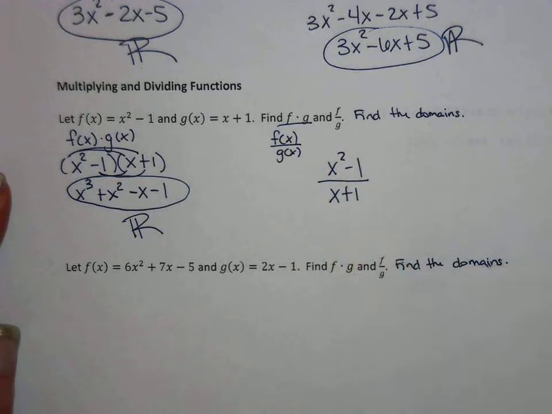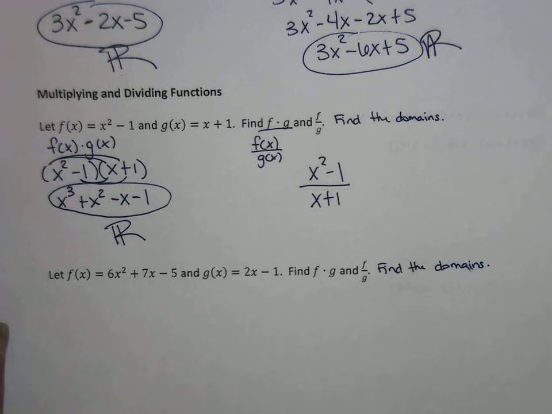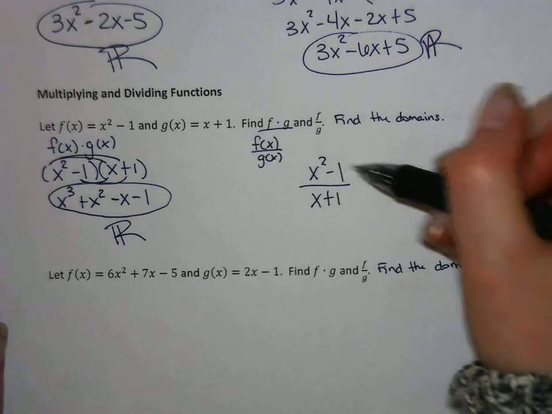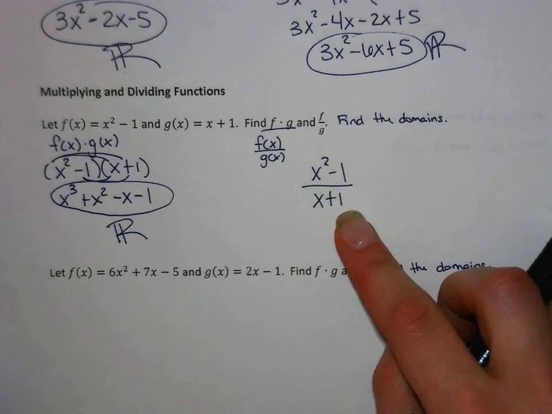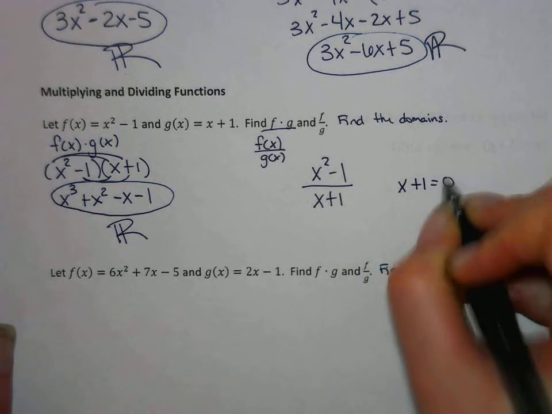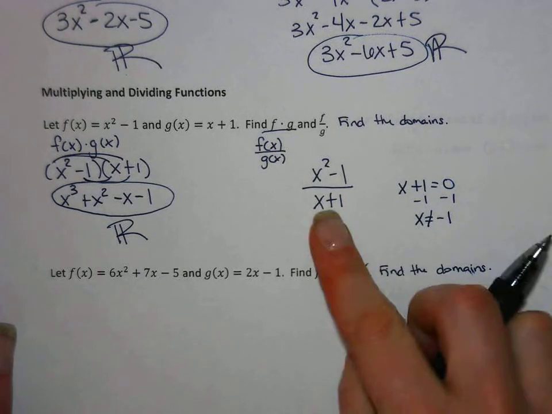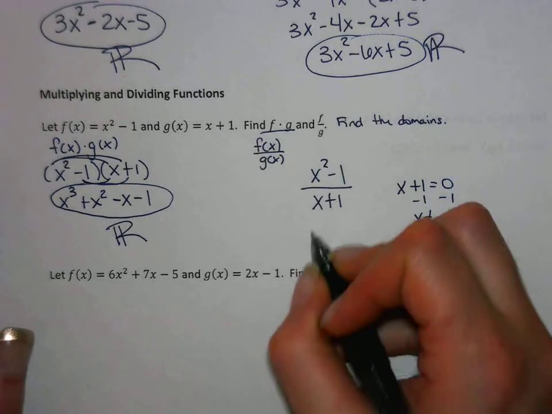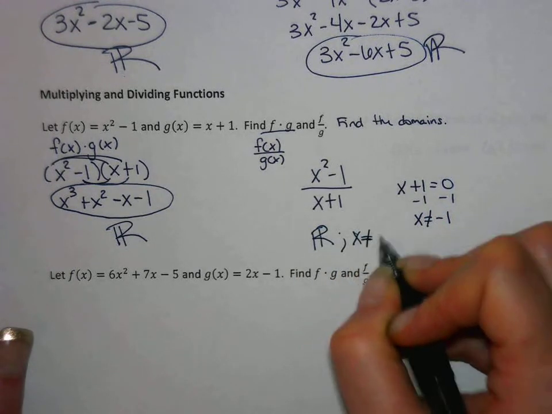We're just going to set it up like this, and then look and see what our domain is. So here, we have to remember when we are dividing, we can never have a 0 in the denominator, because we can't divide by 0. So that means x plus 1 equals 0, so x cannot equal a negative 1 in our domain. So it's all real numbers, except x cannot equal a negative 1.